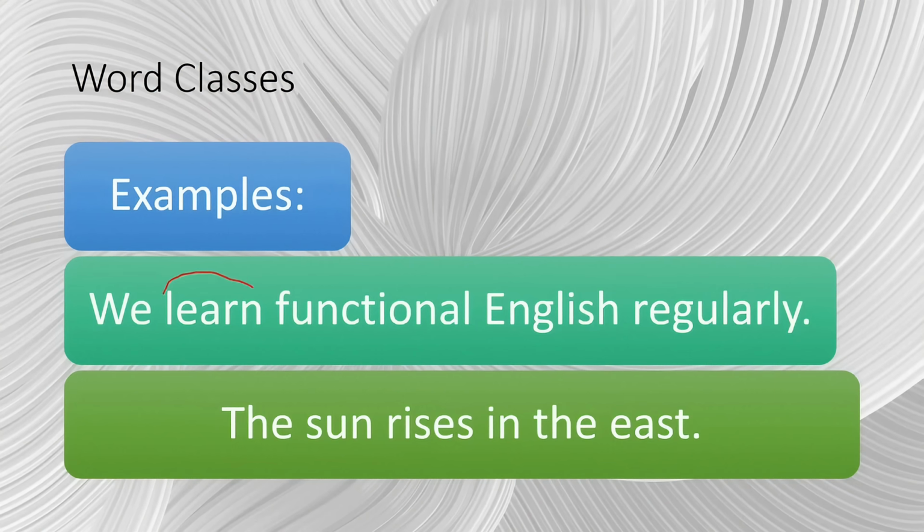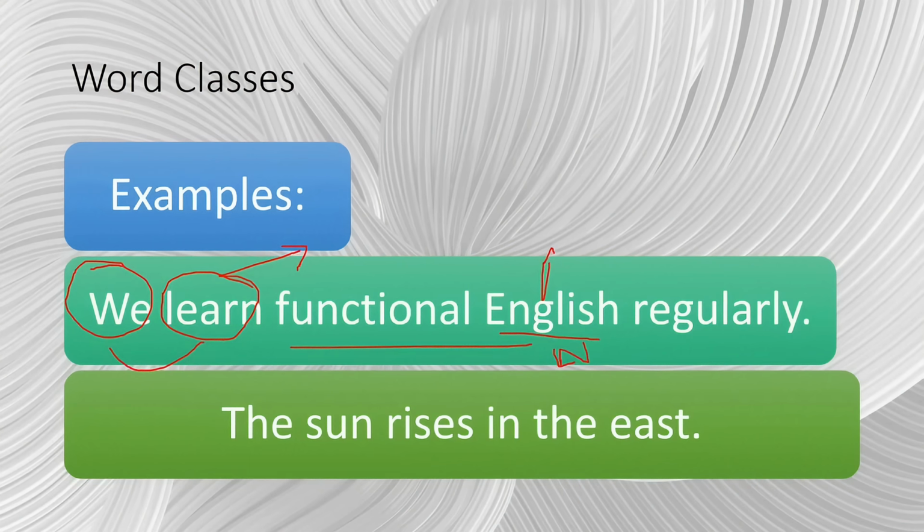Learn is an action, it's work, what they're doing, learning. Who learns? We is a pronoun. We learn what? Functional English is a name, it's a language, so it's a noun.